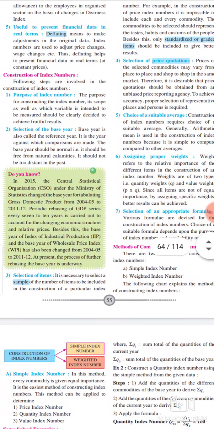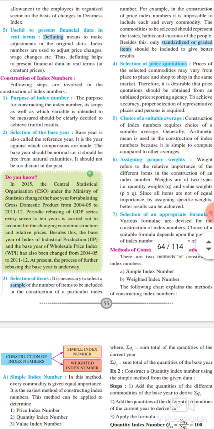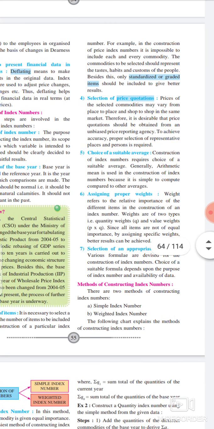Here, in the construction of the index number, the selection of unit is necessary. Select a sample to be included in the construction of the particular index number. When you select the unit, for example in a price index number, it is impossible to include each and every commodity.